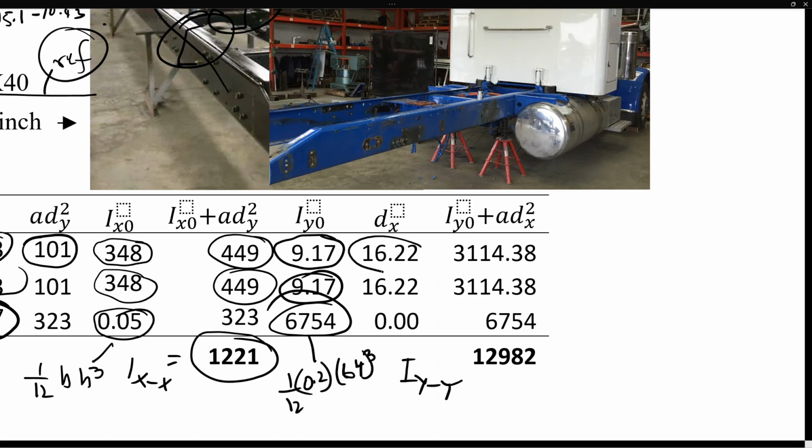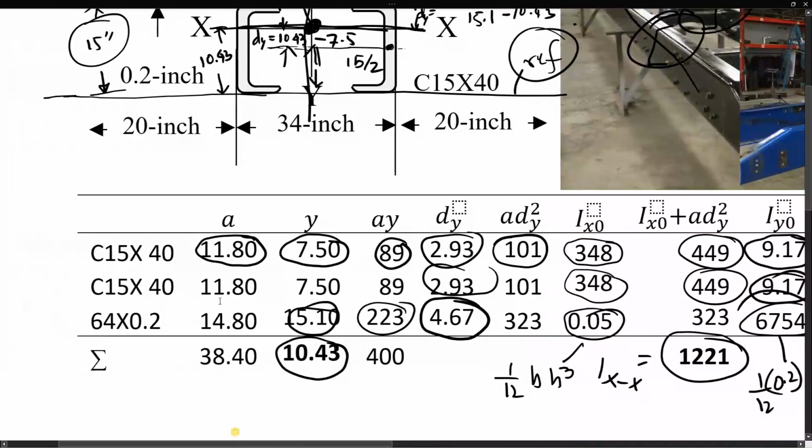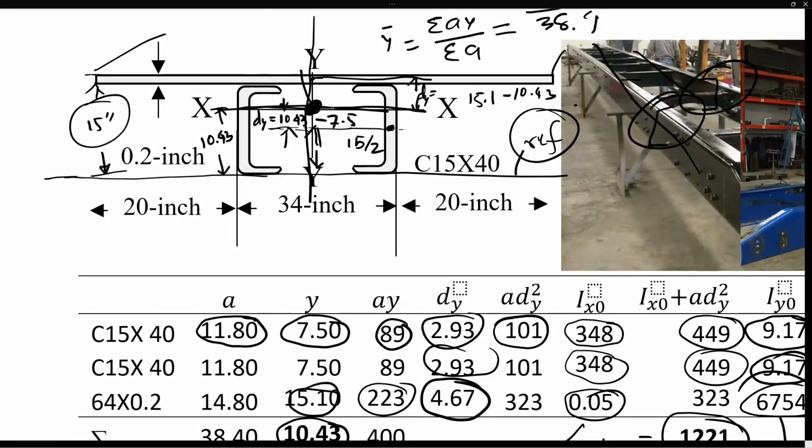Now the distance from the centroid, what you're looking at here for D is this piece. This is the centroid, and this is the center of the C channel. This distance is given in the table in the back of the book, x bar, which I think is 0.7-some numbers.